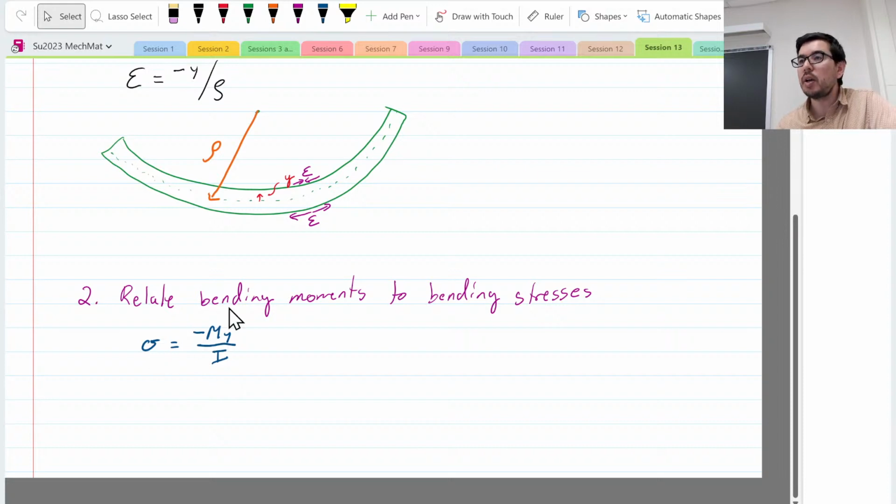That's a compressive stress. And as we get further away from the neutral axis, that amount of compressive stress increases.